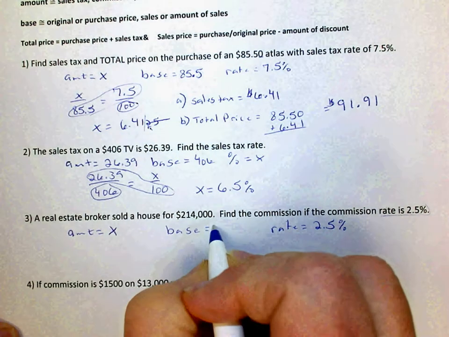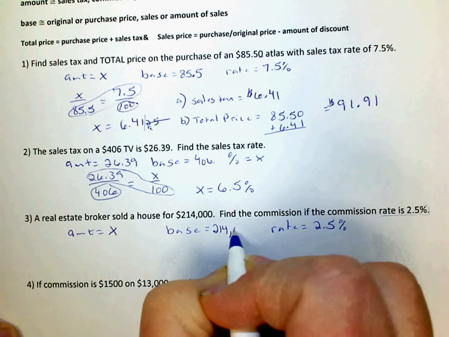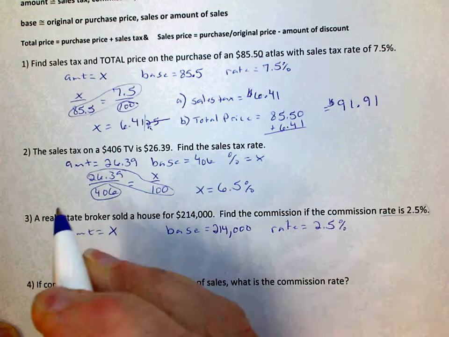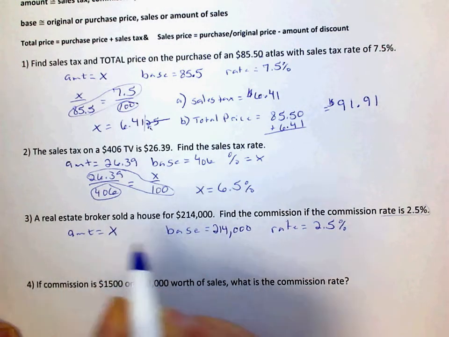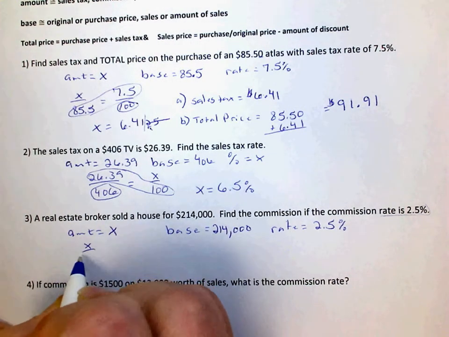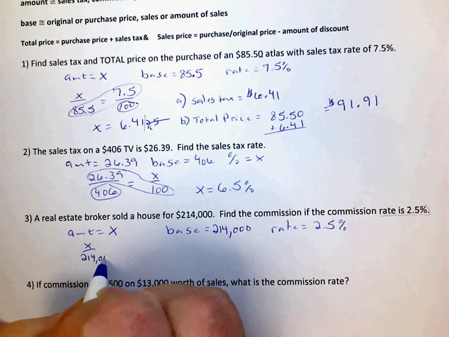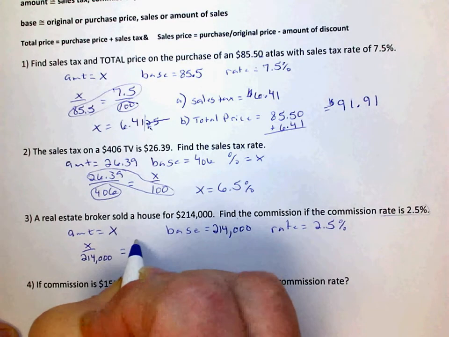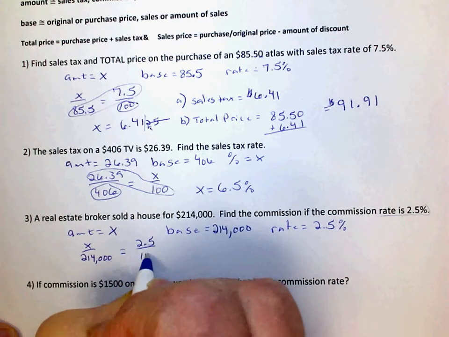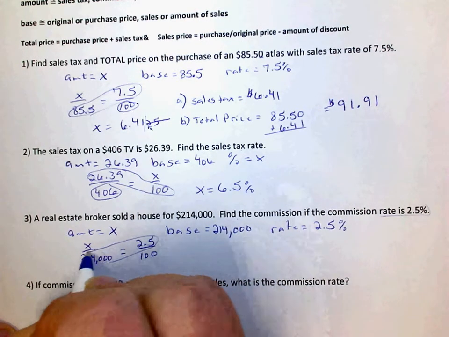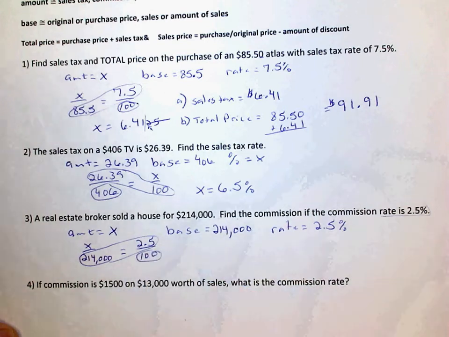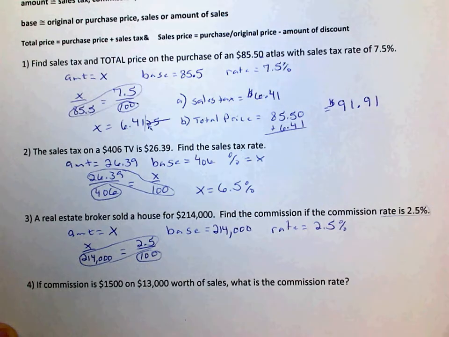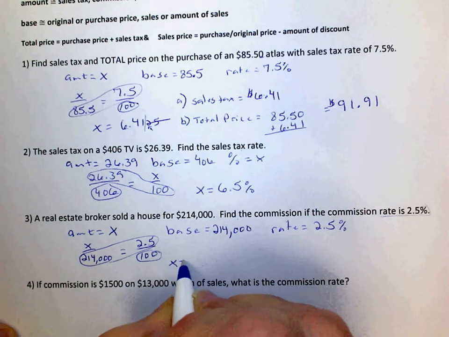The base is $214,000. So amount over base equals percent over 100. Multiply these, divide by that. So 214,000 times 2.5, divide by 100, and we get $5,350. I would really like this one.